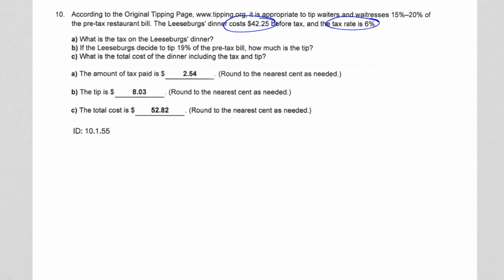So the first question is, what is the tax? So the tax is 6% of 42.25.